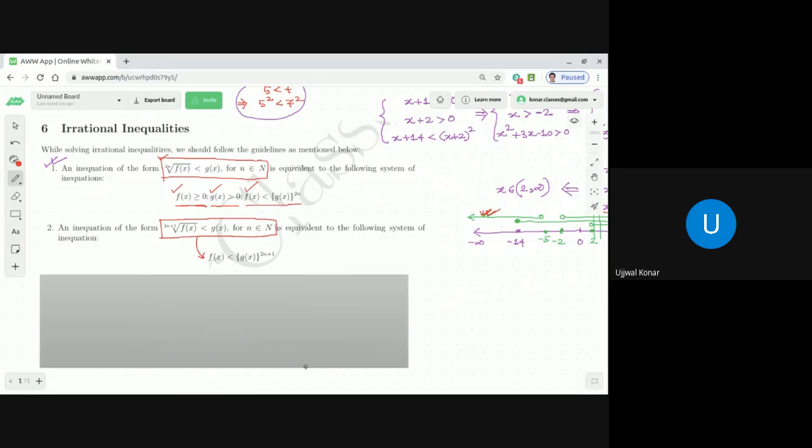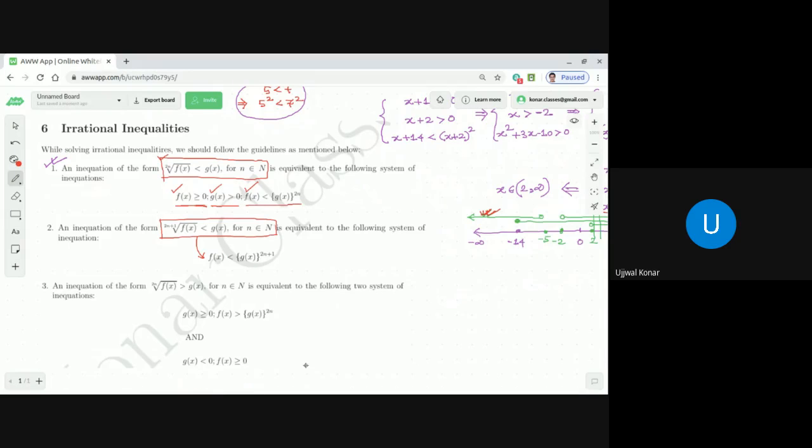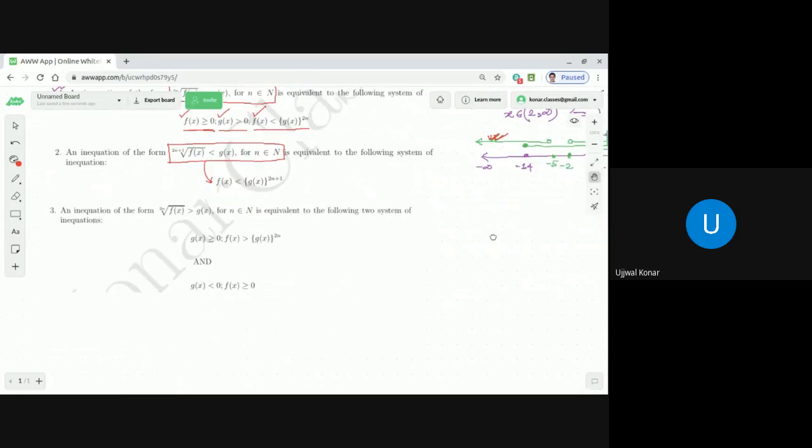So if we find that the 2nth root of fx is greater than gx, for n belonging to the natural numbers, we need to solve the following two systems of inequations.